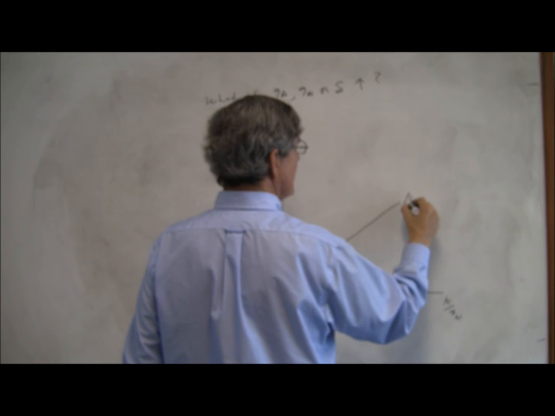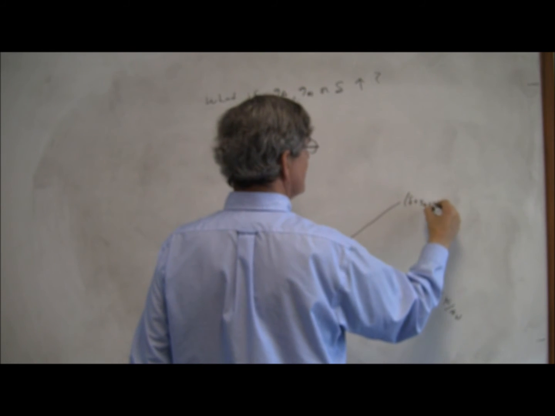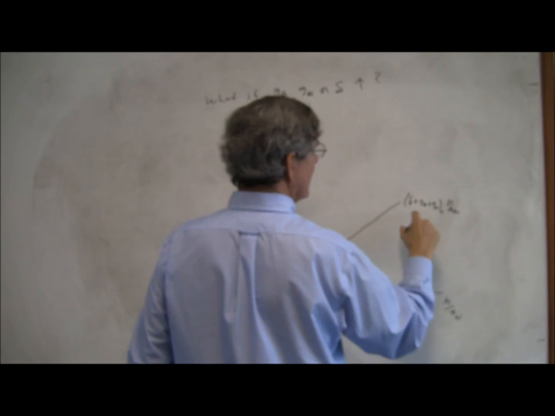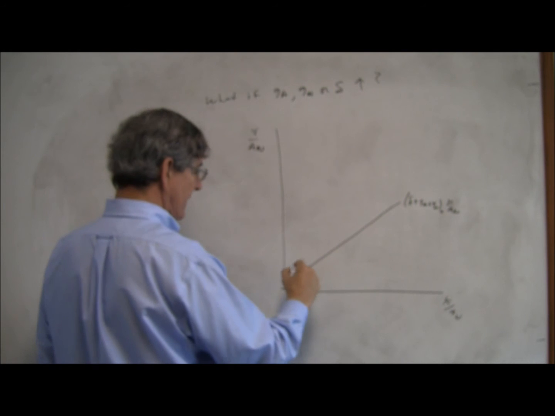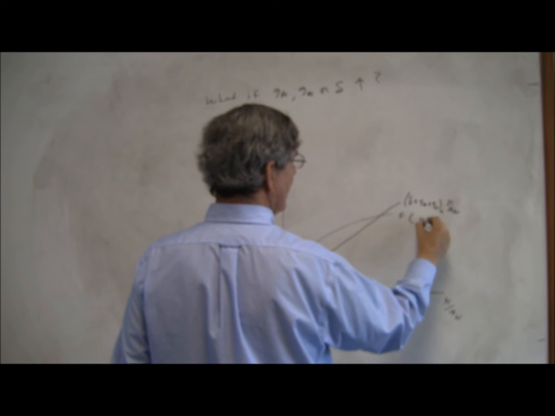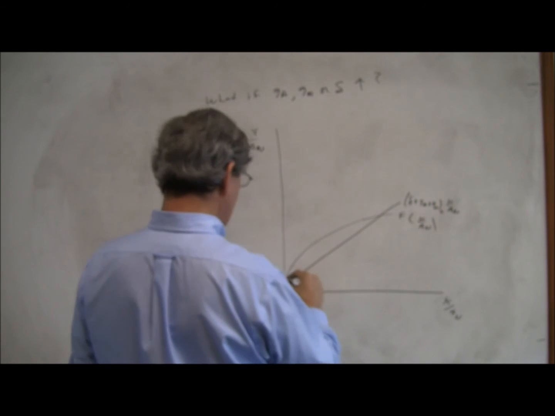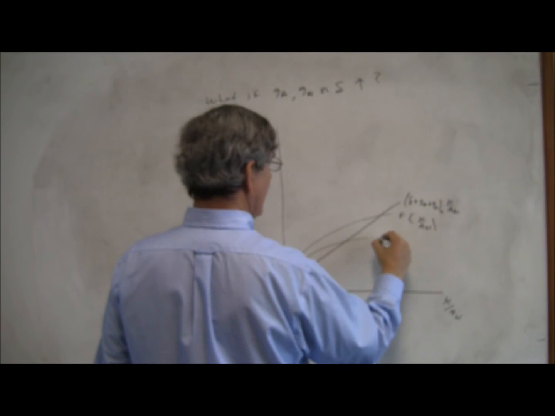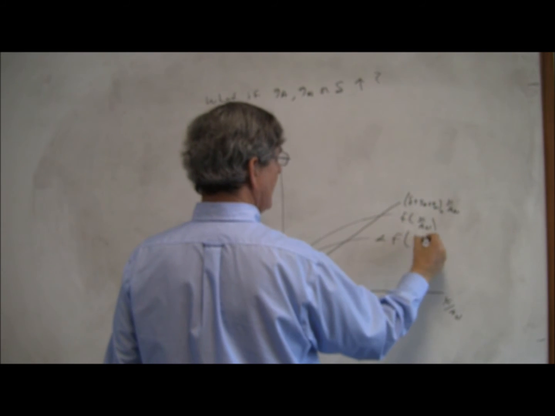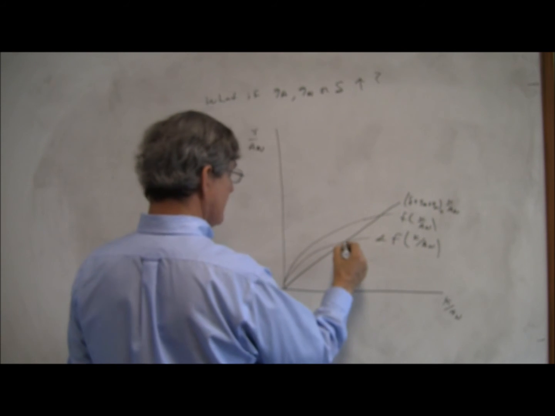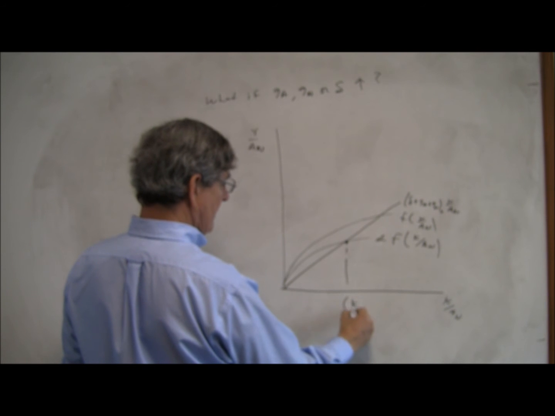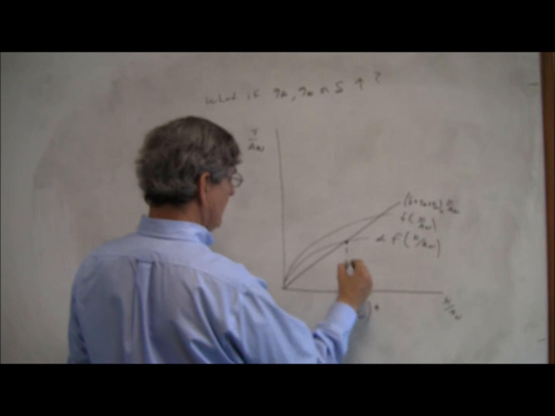Let me just call it delta plus g of A plus g of n, 0, times k over AN. One of these is going to increase. It doesn't make any difference which one. Here's production, f of k over AN. Here's saving, s f, that's a little f, of k over AN. So here's our initial steady state, this k over AN star.